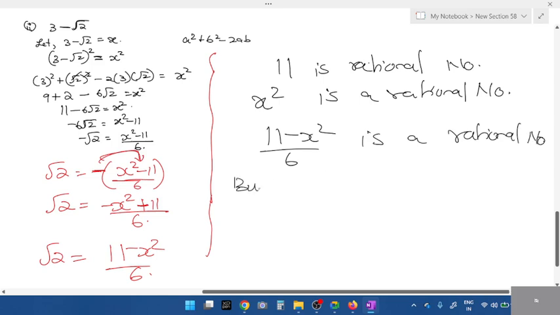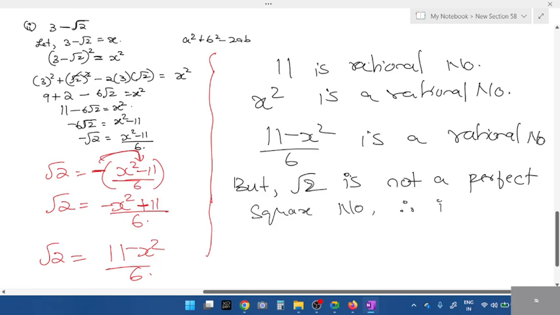But root 2 is an irrational number. It is not a perfect square. But root 2 is not a perfect square number. Therefore, it is irrational.